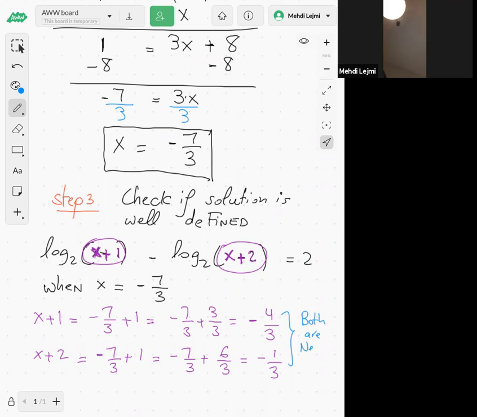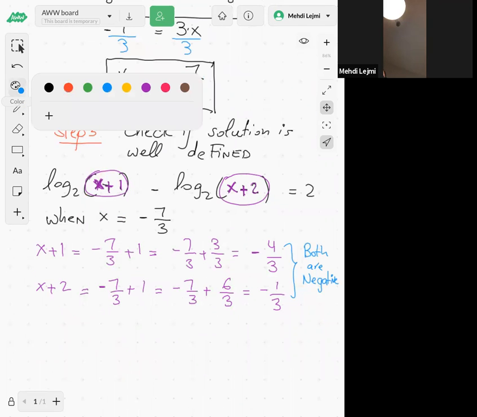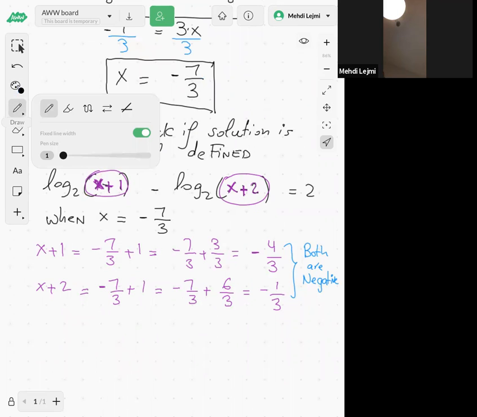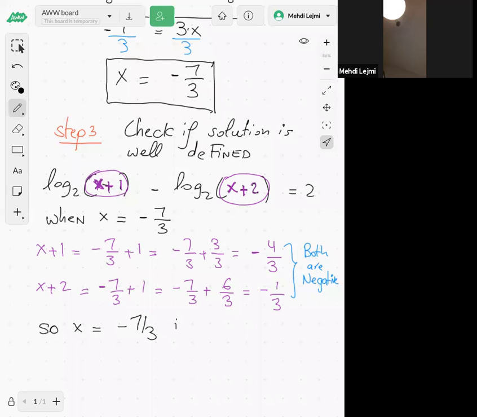But anyway, as I said, if just one of them is negative, you still have to reject the solution. So x equal to -7/3 is rejected, and your final answer is there is no solution.